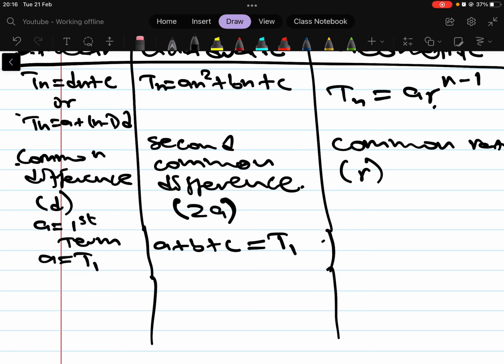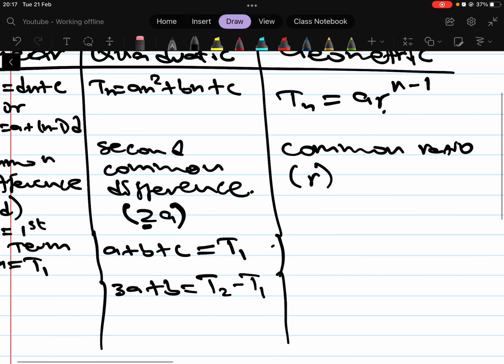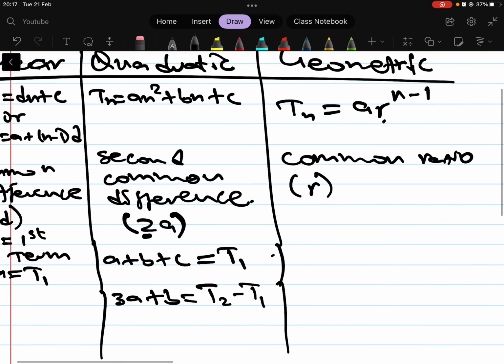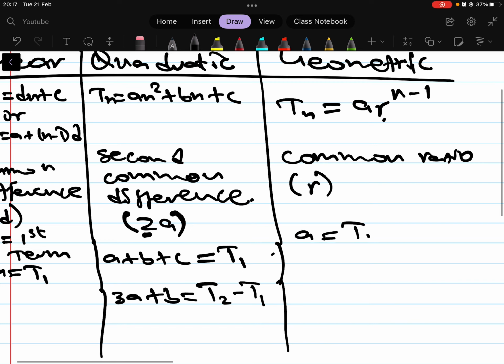And then 3a plus b gives you the value of the first difference, which is basically the value of T2 minus T1. And then I already said the second difference is actually 2a. And then in geometric number patterns, a equals T1, and r equals the common ratio.